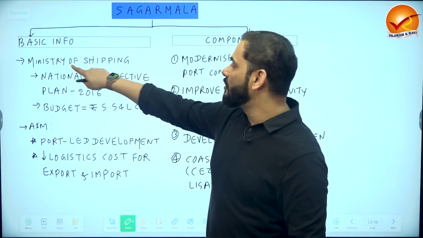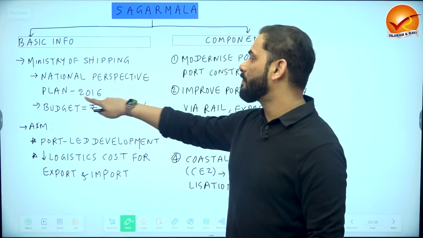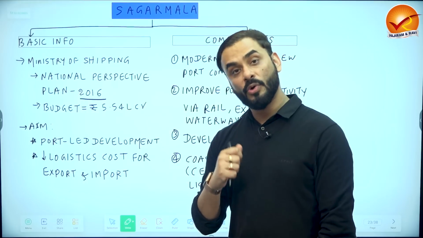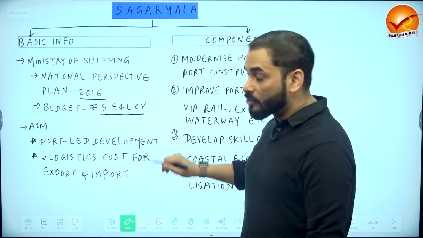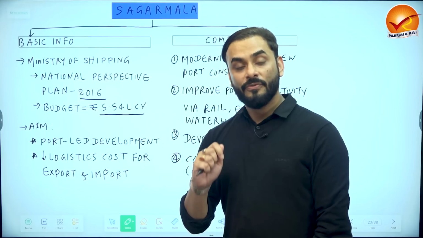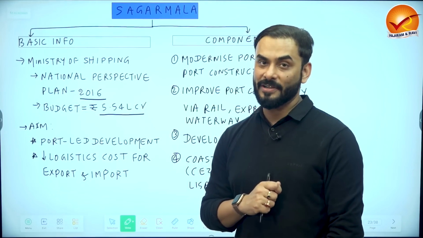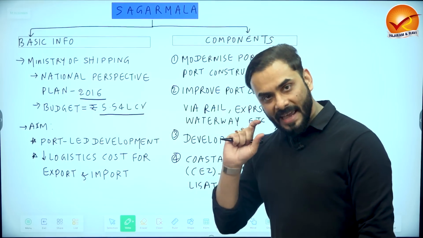See, Ministry of Shipping, they created a policy called as National Perspective Plan 2016, all right, to improve ports in India. Now they allocated a budget of almost 5.54 lakh crore rupees, almost 6 lakh crore rupees budget was fixed for National Perspective Plan, right? Now, what is the aim of this plan?